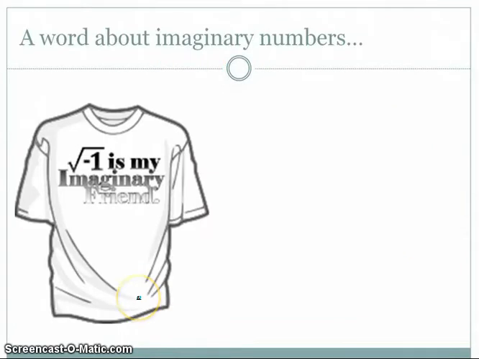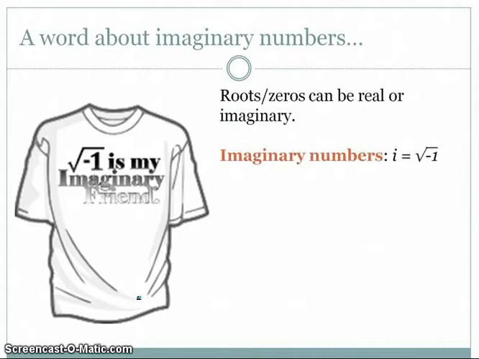So a quick word about imaginary numbers. And we have to talk about imaginary numbers because sometimes the roots or zeros of our polynomial functions are imaginary. So I hope you remember that imaginary numbers are i, and they're defined as the square root of -1. And I'm actually going to talk really briefly about what happens when you square i, because a lot of times when we work with the zeros of polynomial functions, we end up multiplying imaginary numbers together and we get i squared.